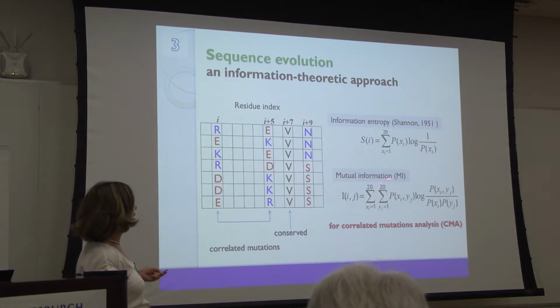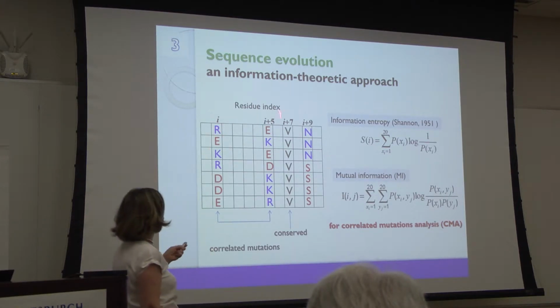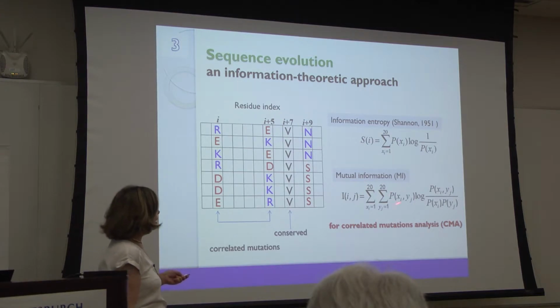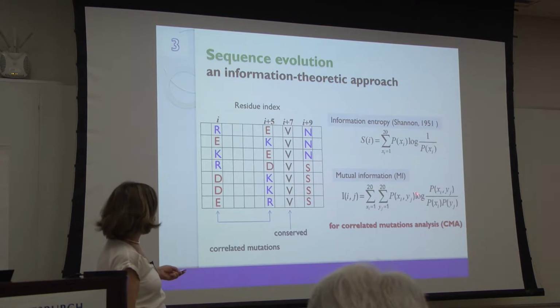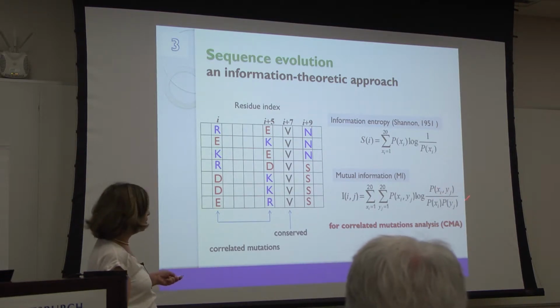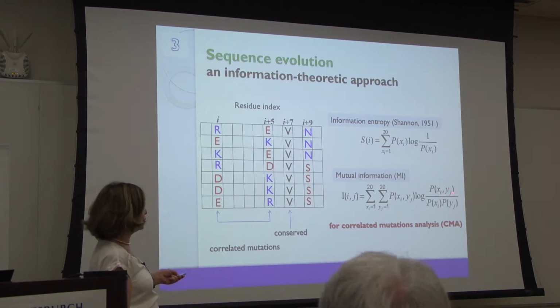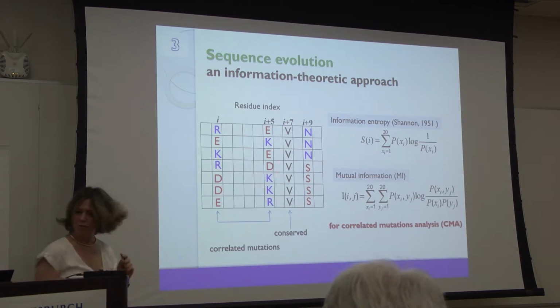So you have a summation over 20 times 20 different combinations, and you need all combinations because you can have A, B, or B, A. You are looking at pairs of columns, the probability of observing a given pair, and you divide by the independent probabilities of the individual amino acid types in those columns. So it is like how interdependent those residues are with respect to this independent probability. That's the mutual information.